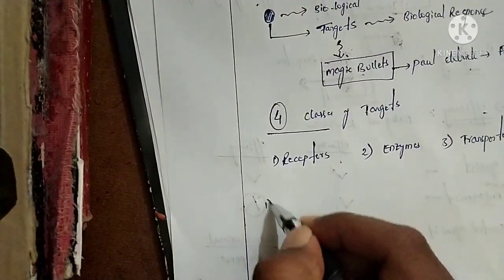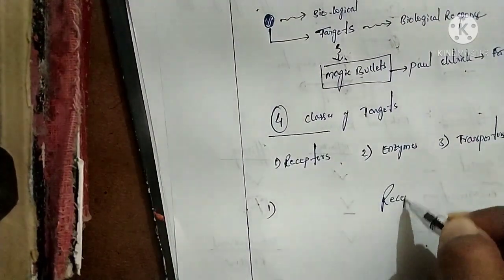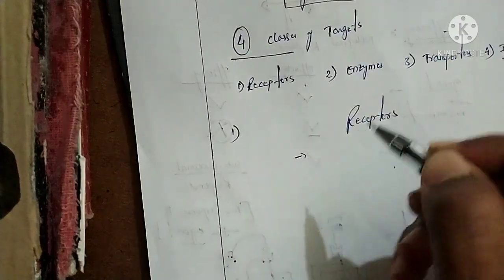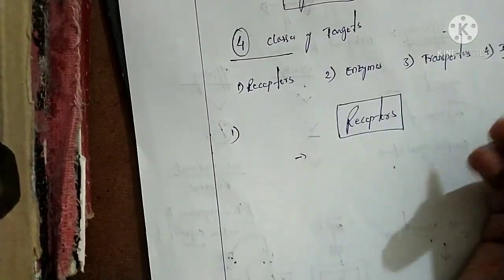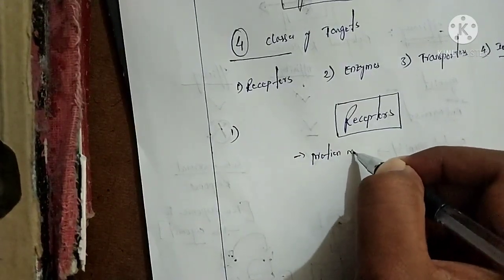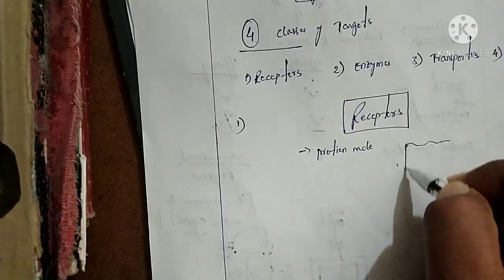In receptors, the first topic is: what are receptors and where are they present? Receptors are protein molecules. They are present on the surface of the membrane of the cell.